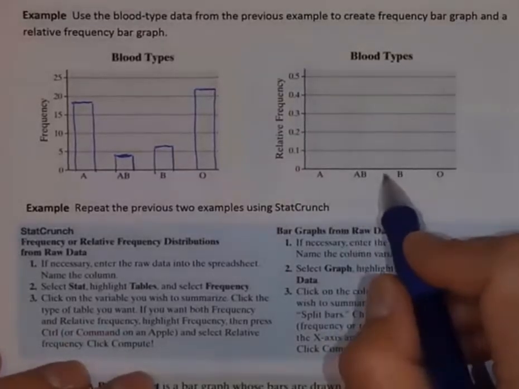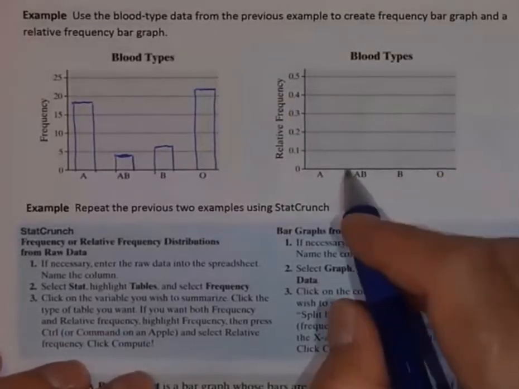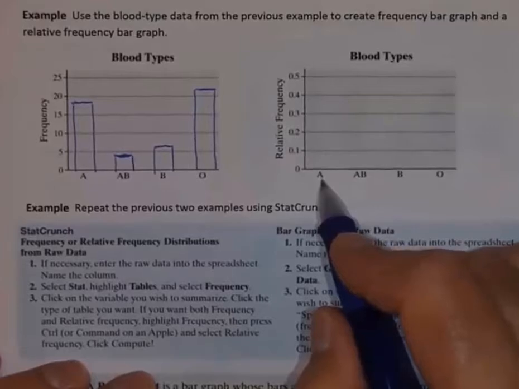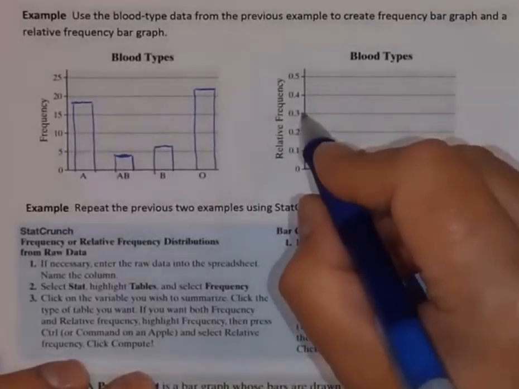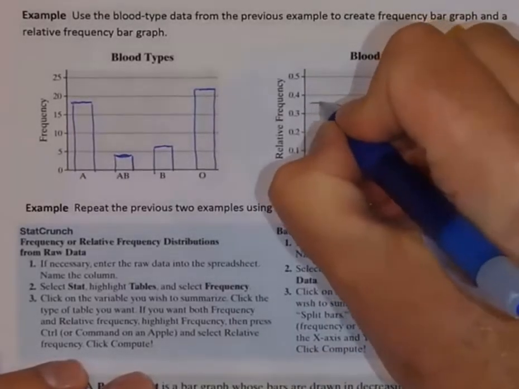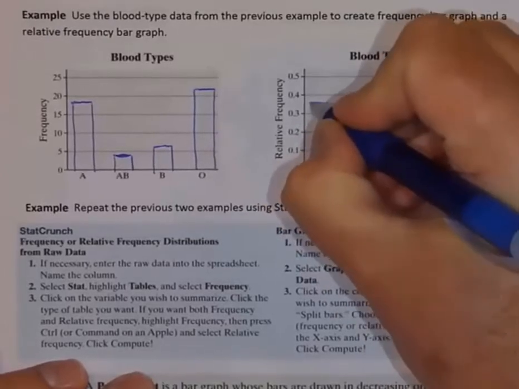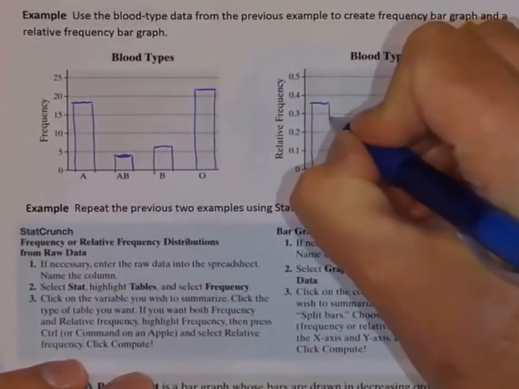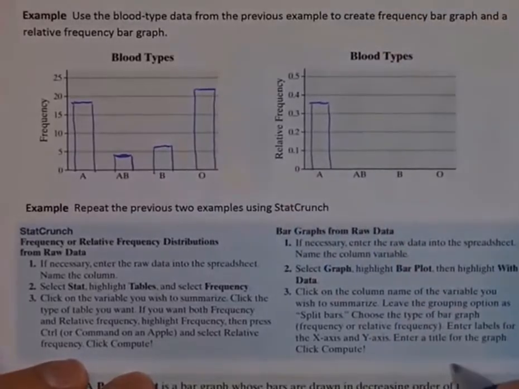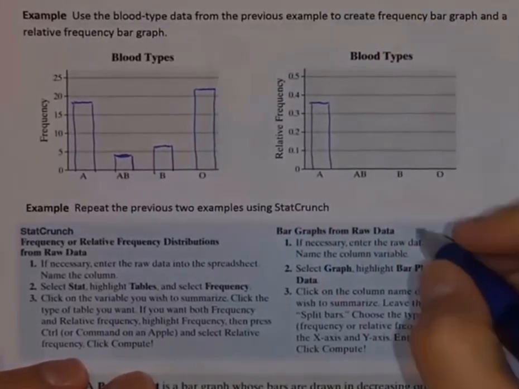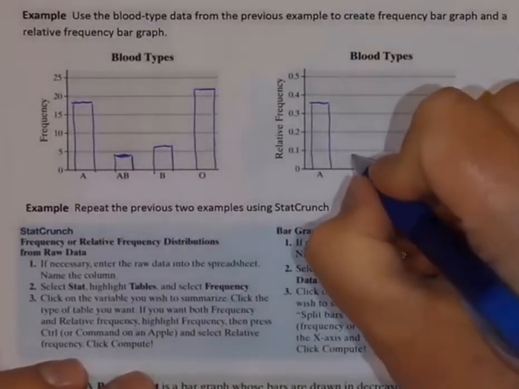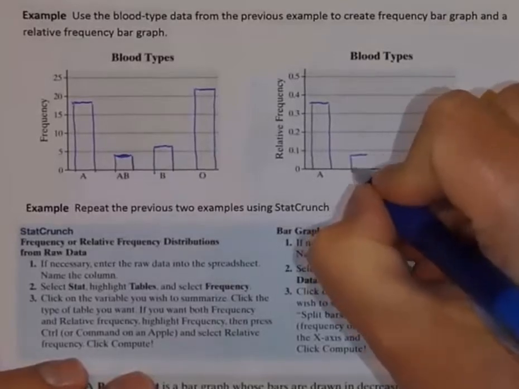For relative frequency, we do the same basic thing. The relative frequency for A was 0.36. So 0.3 is here, 0.36 would be somewhere around in here. So I just draw my bar at a height of 0.36. AB, the relative frequency was 0.08, which would be around in here.